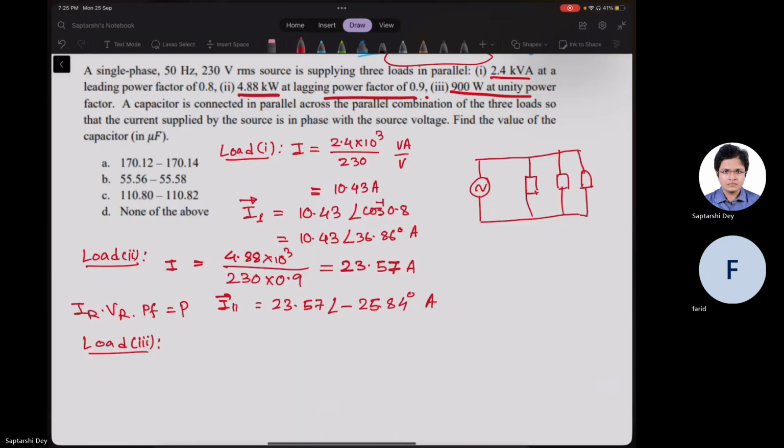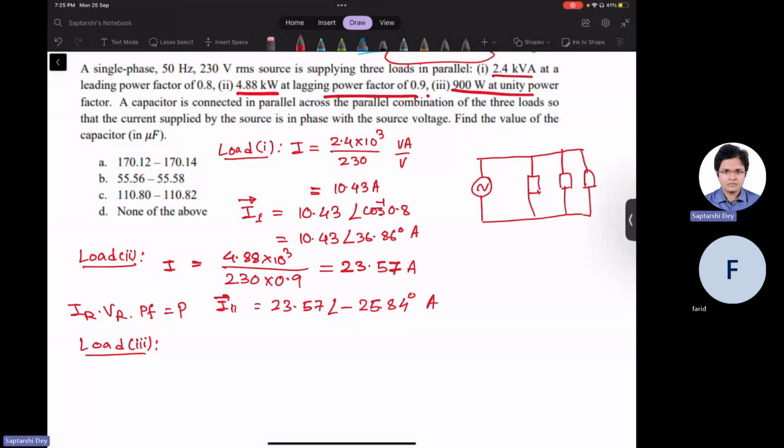Sorry, if you see the question. .91 angle 0 degree. Now, okay, what is the next step?